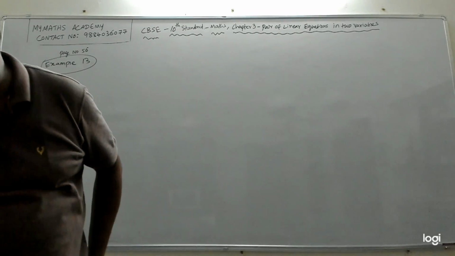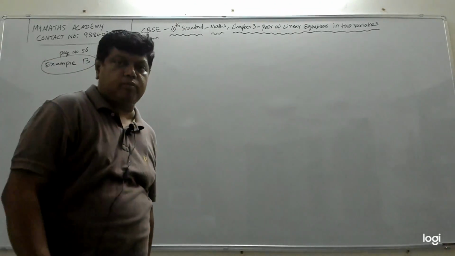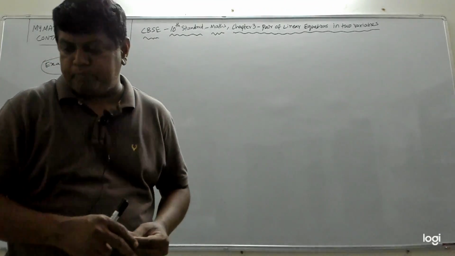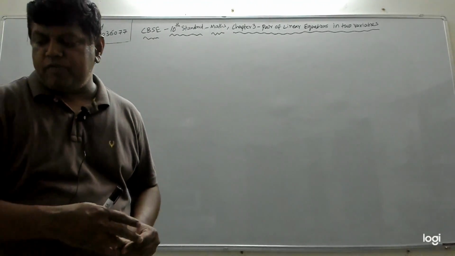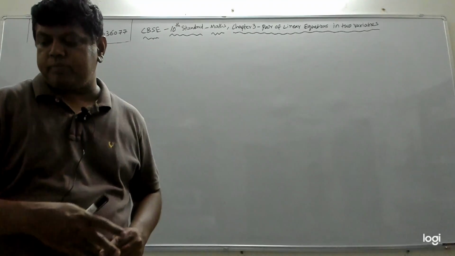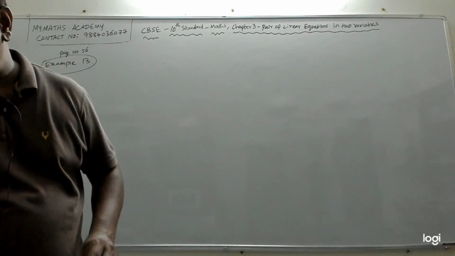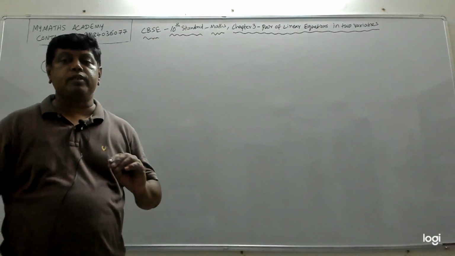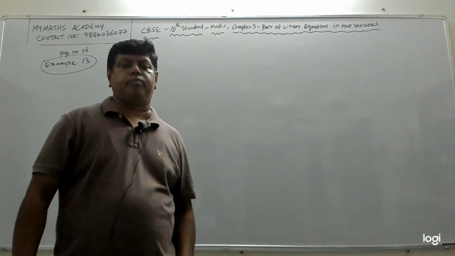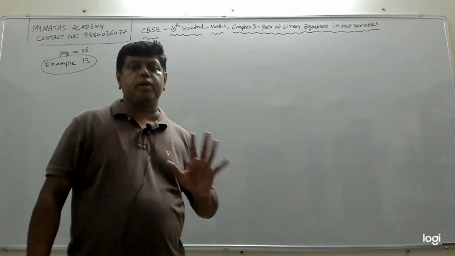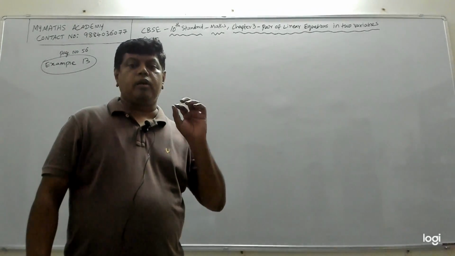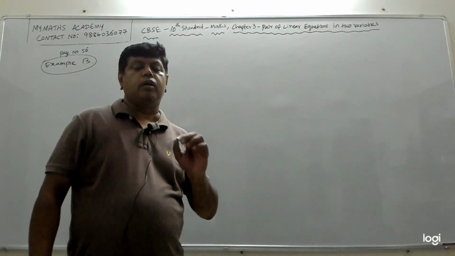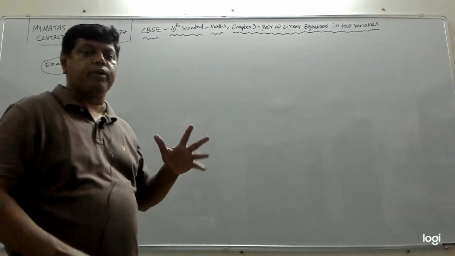You have to observe carefully, listen carefully, and understand carefully. So what it says is: the sum of a 2-digit number and the number obtained by reversing the digits is 66. Whenever you see the word 2-digit number in any problem, immediately we should define its tens digit and ones digit or units digit.